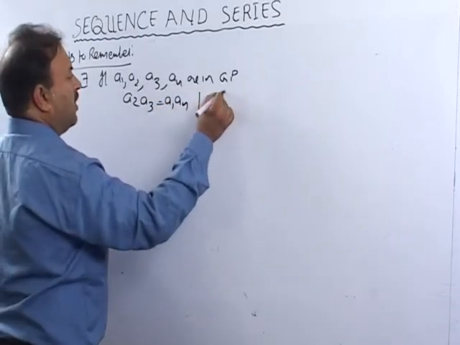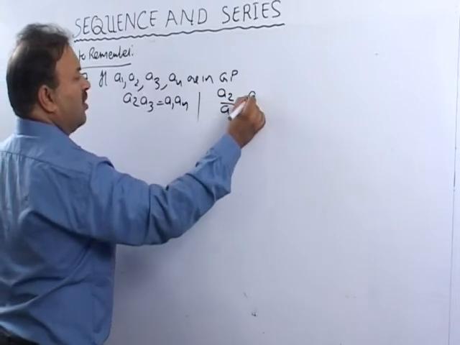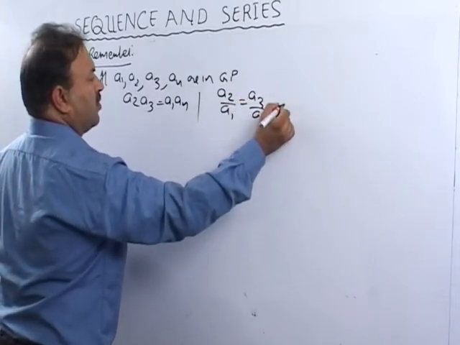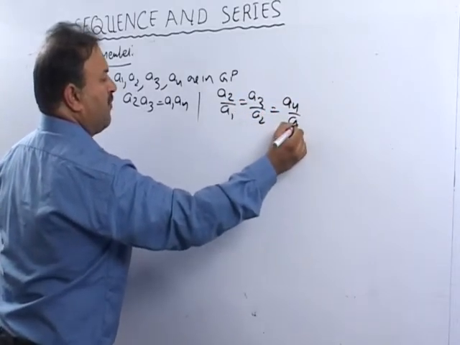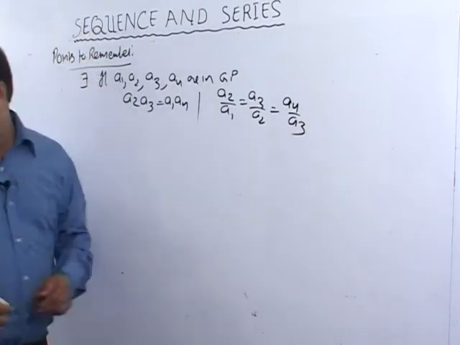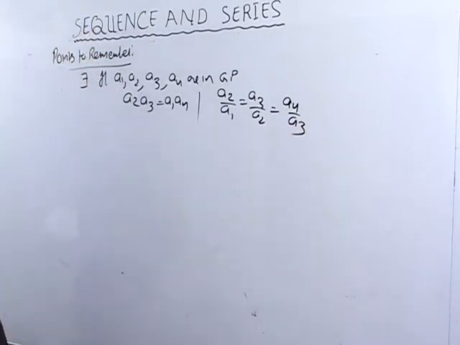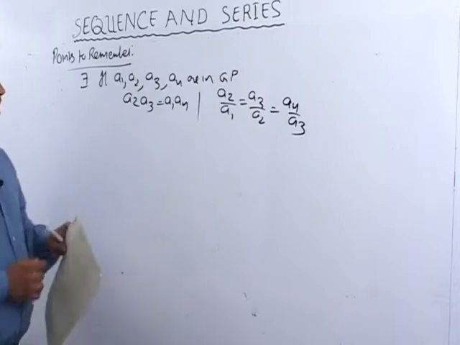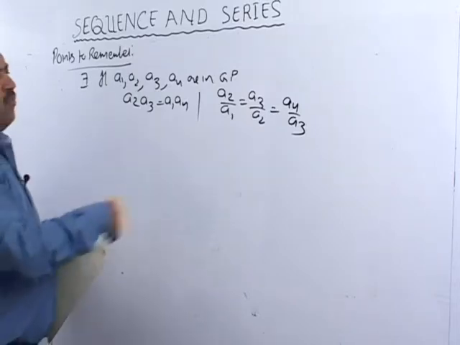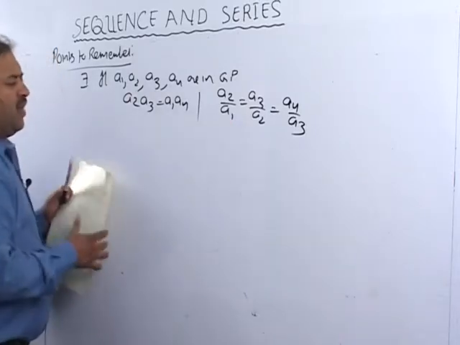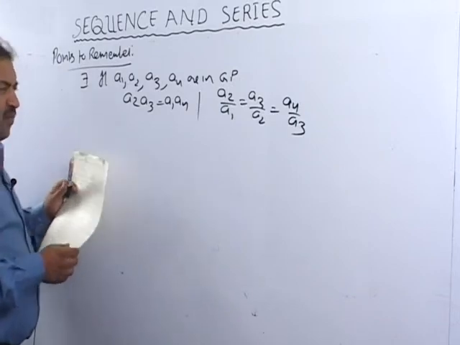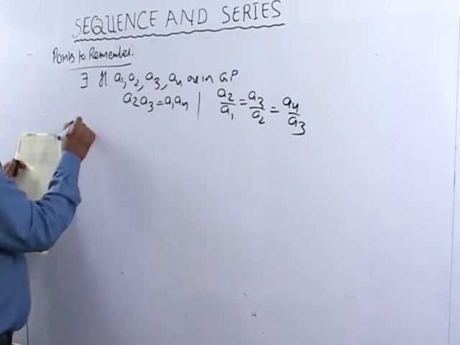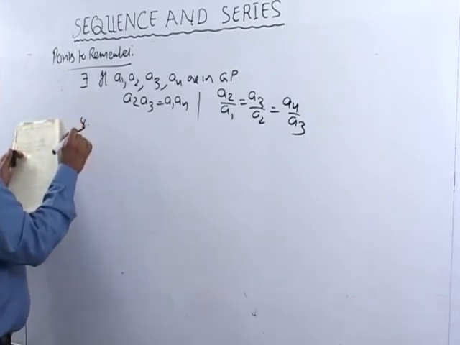It comes out that A2 over A1 is equal to A3 over A2, which is equal to A4 over A3. We do it from here. Then we can conclude and write down A2 times A3 is equal to A1 times A4.